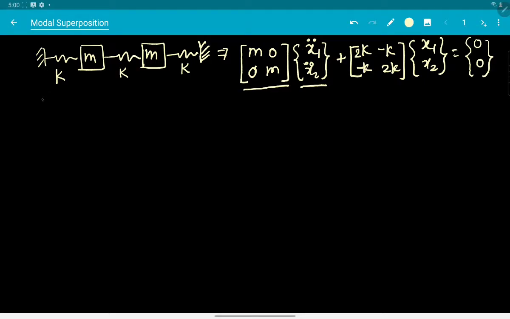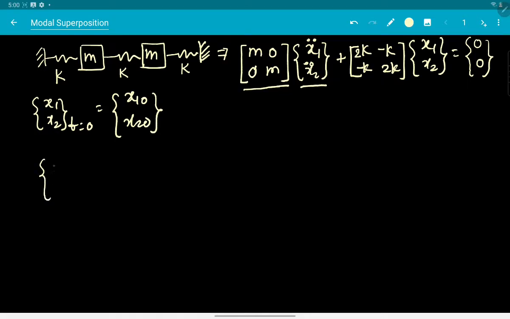We are also giving certain initial conditions, which are the initial displacements at time t equal to 0, and we have also specified the initial velocities, that is x1 dot and x2 dot, at time t equal to 0.